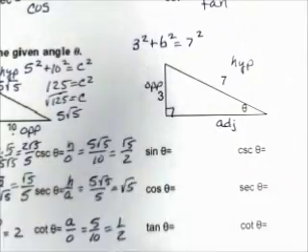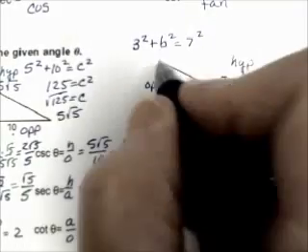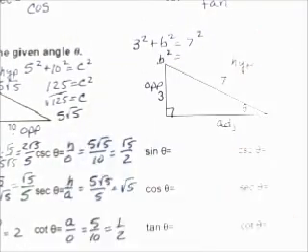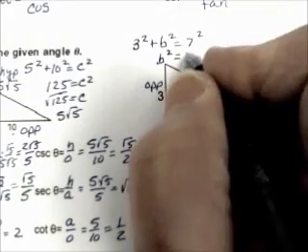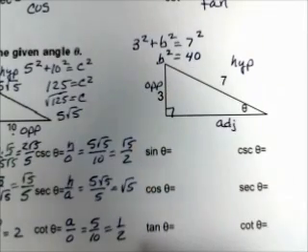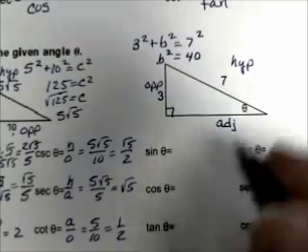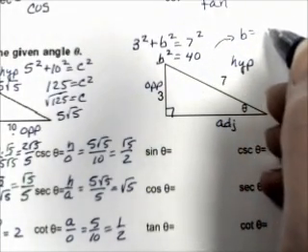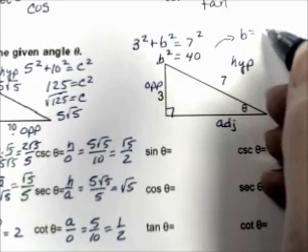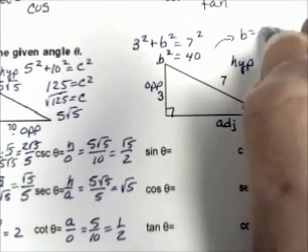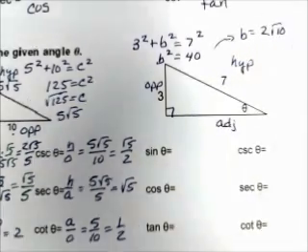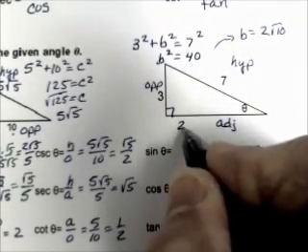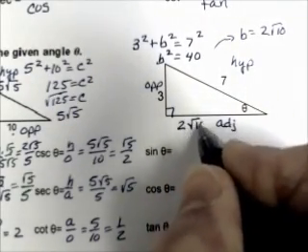That's 9, and 7 squared is 49. If I subtract 9 from 49, I end up with 40. So b squared equals 40, b equals the square root of 40. Simplifying, 4 times 10, square root of 4 is 2. So 2 square root of 10 is our value for the adjacent side.